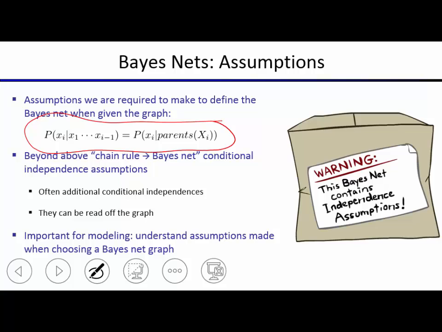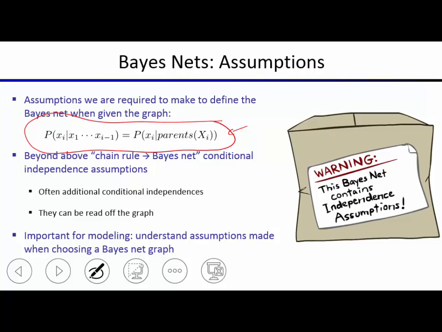We can think of these as the conditional independence assumptions we make because we started from the chain rule, which is always applicable, and then inserted just conditionals given the parents, and that's exactly what we did by inserting the right-hand side as a substitute for the left-hand side.